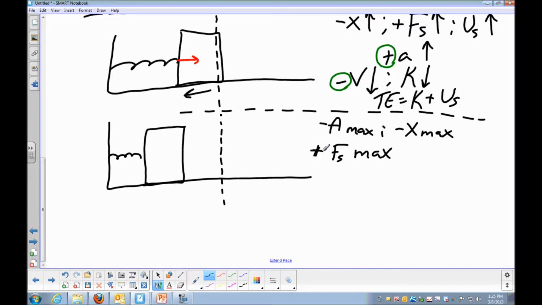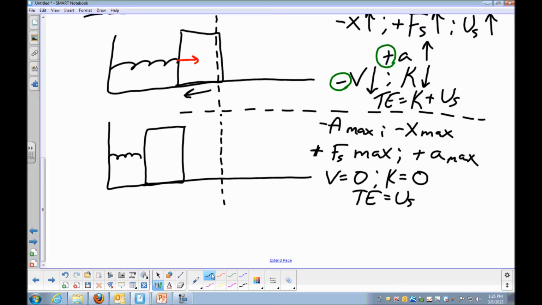The spring is still pushing the box to the right. With my positive spring force that's a maximum, I have positive acceleration that's a maximum. Because before my velocity was slowing down, it came to a point where it's zero. My kinetic energy is zero. My total energy is completely potential energy, once again, at this point.